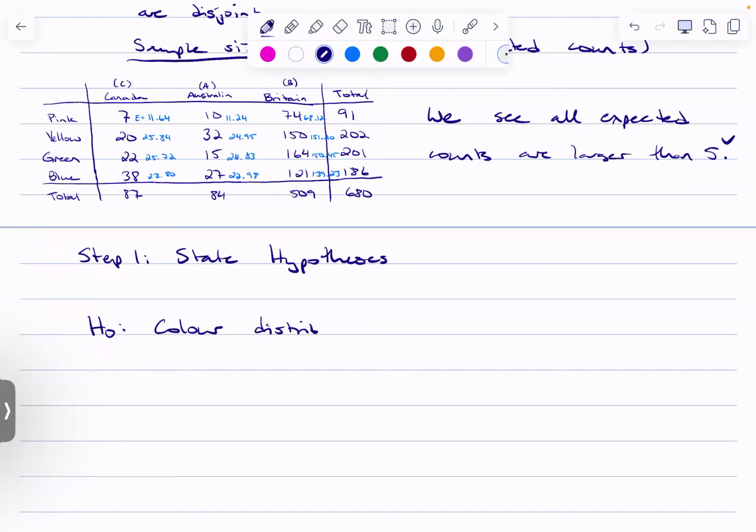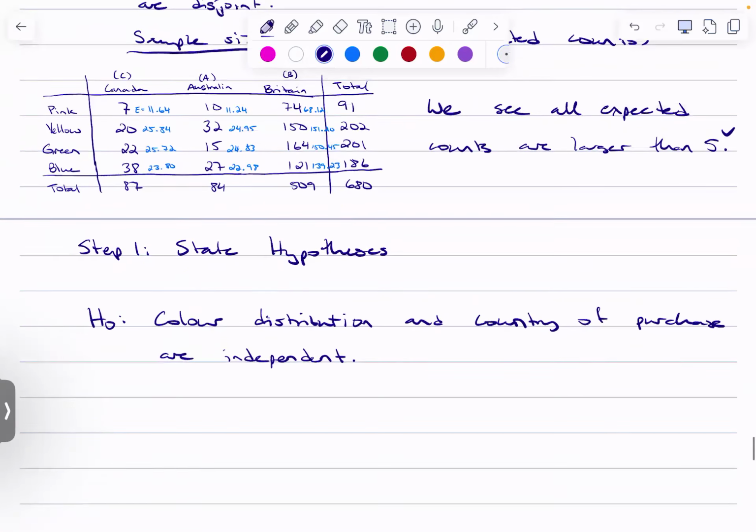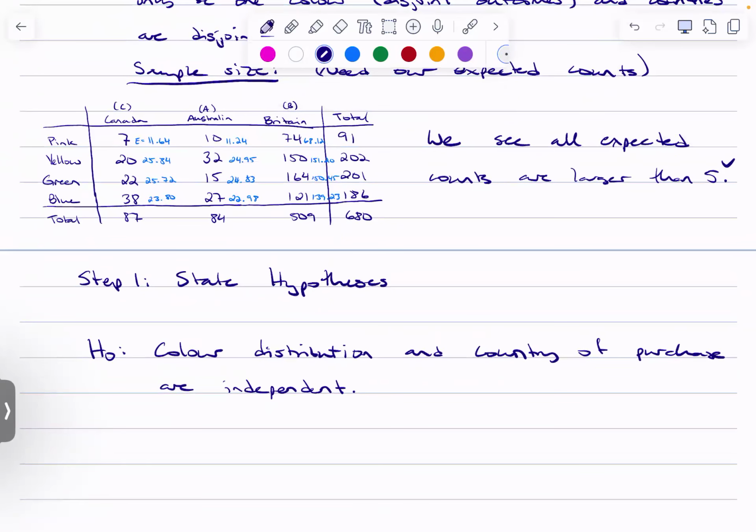distribution and country of purchase are independent. Something like that, right? The colors of the mini eggs, right, is independent of the country of purchase.